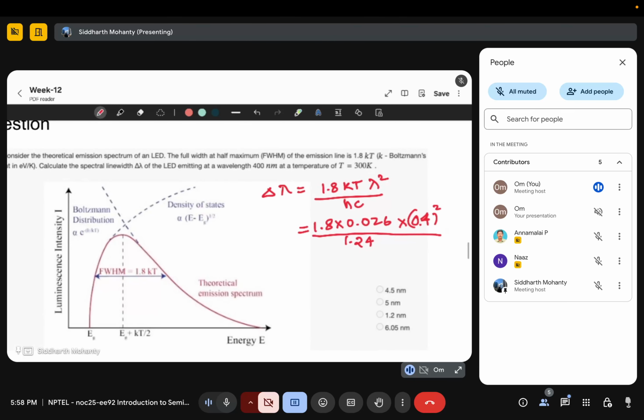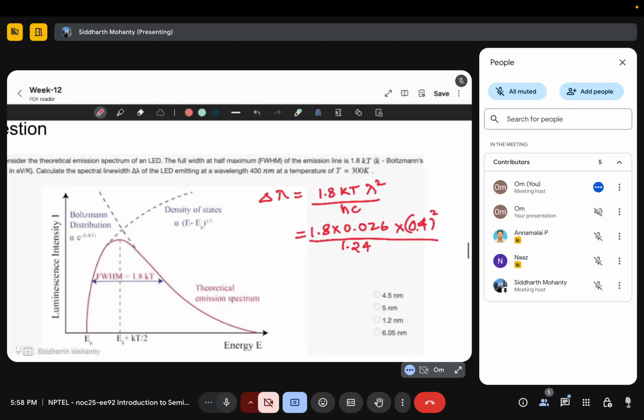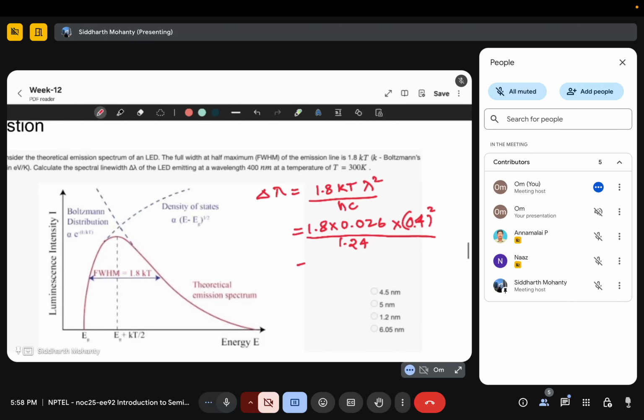So if you solve this, you will get 0.00604 micrometer, which is 6.04 nanometer. So answer is this option.